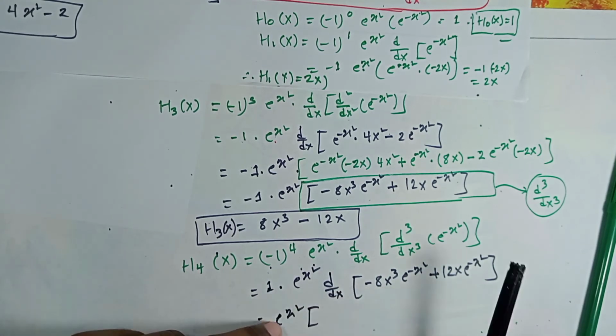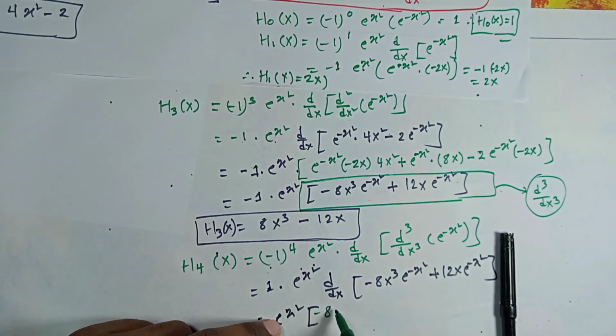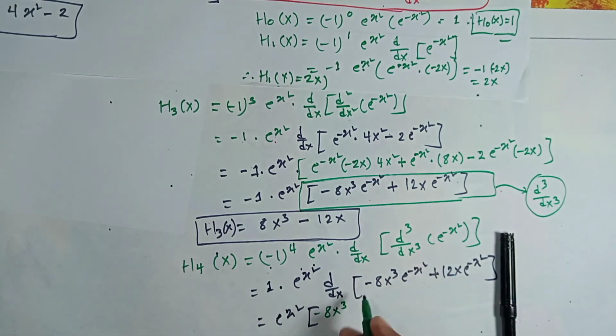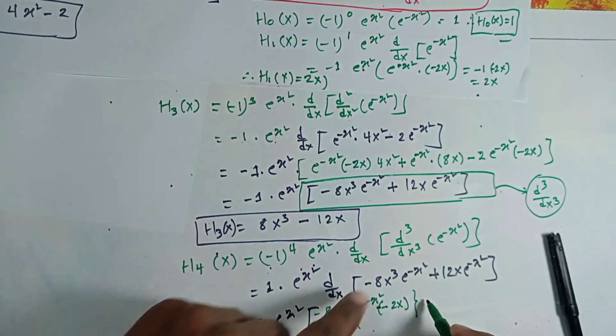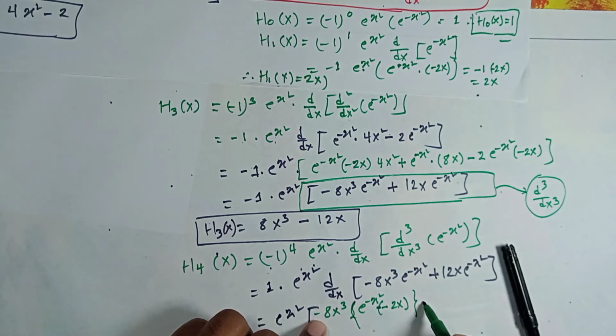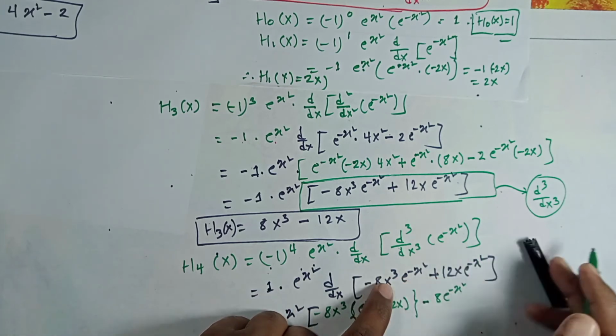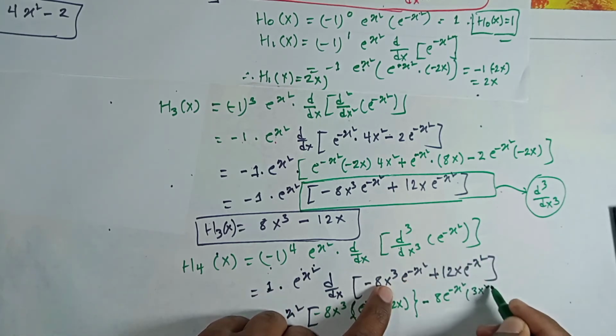differentiate of this, that is nothing but minus 8x cubed. If we differentiate e to the power minus x squared, that is nothing but e to the power minus x squared into minus twice x. Okay, then minus 8 e to the power minus x squared, if we differentiate this, that is nothing but 3x squared.